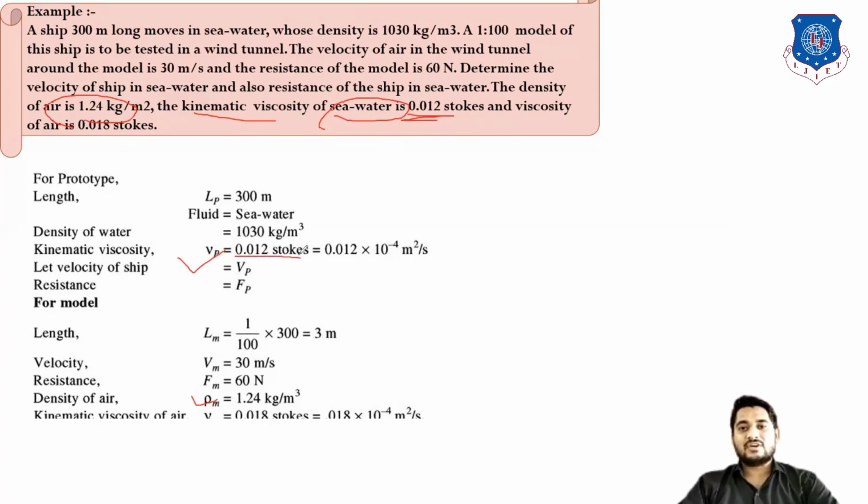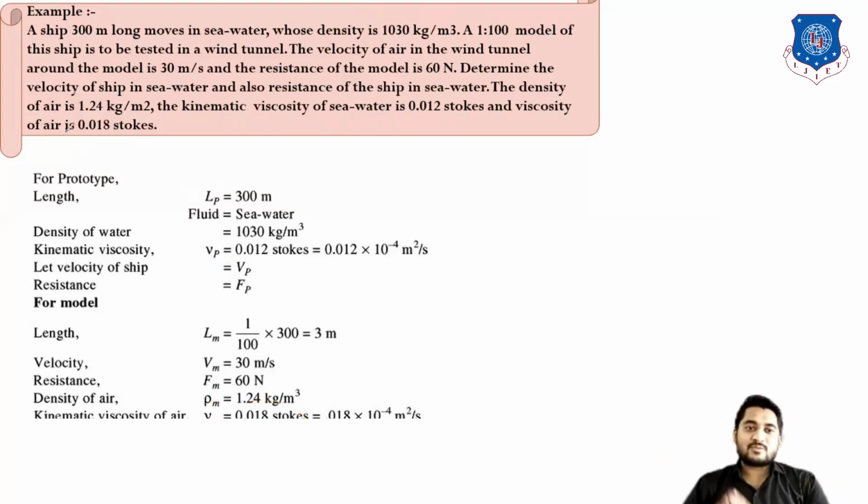We have to convert stokes into meter square per second. So one stoke is equal to 10 raised to minus 4 meter square per second. So here 0.012 into 10 raised to minus 4 meter square per second, right? And viscosity for the air, that means for model, is 0.018 stokes, that means 0.018 into 10 raised to minus 4 meter square per second.